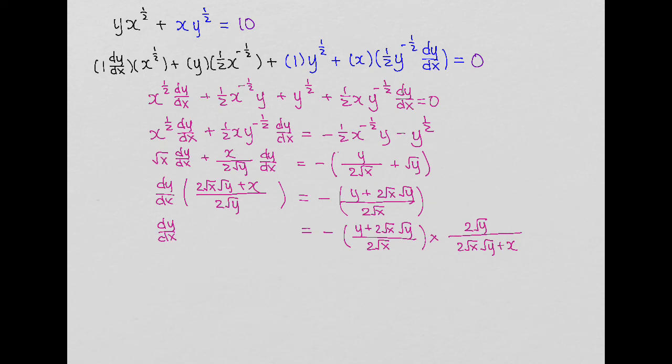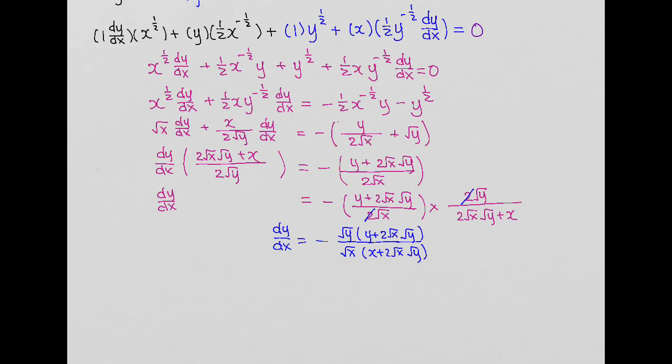And that simplifies it. Divide the 2 up. Now we can see on the numerator, they have a square root of y in common. This is square root of x in common, so I'm going to factor out another square root of y. Square root of y times the square root of y will become y. When you factor out the square root of x, multiplying them will become x.